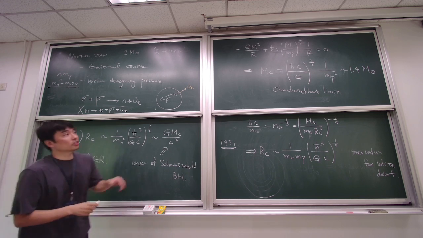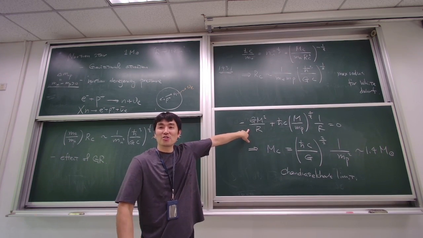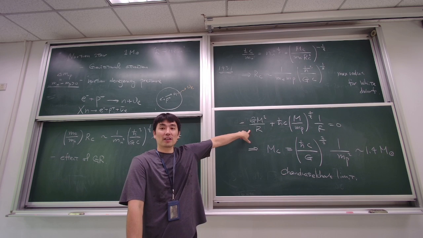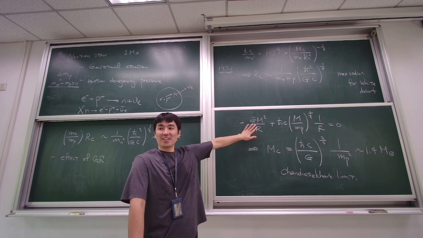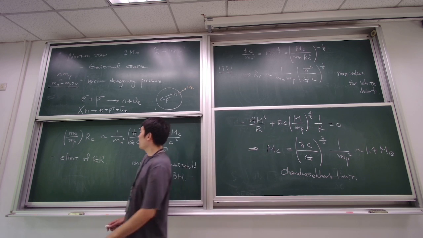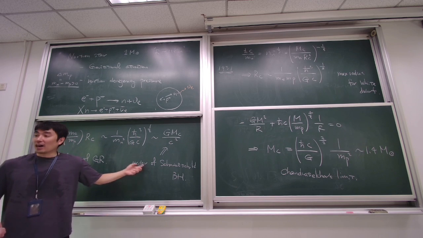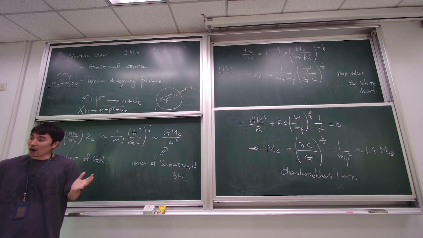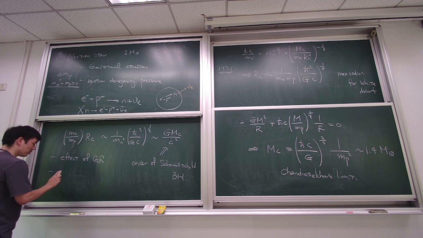When we got the Chandrasekhar limit, we just used the Newtonian potential, and we didn't include the GR effect. For a white dwarf, we only use the Newtonian gravitational force. On the other hand, to estimate what's happening in a neutron star, you have to include the GR effect, because the radius is already comparable to the Schwarzschild radius.